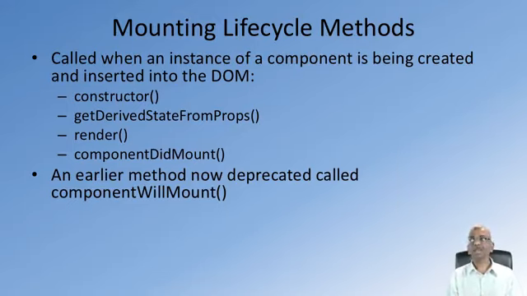We will look at an example of how we can make use of some of these mounting lifecycle methods by modifying our application that we have been working on, to see that these lifecycle methods indeed get called as the component is getting mounted. At a later stage, in another module, we'll come back to the methods that are used when a component is being updated and also when a component is being unmounted.